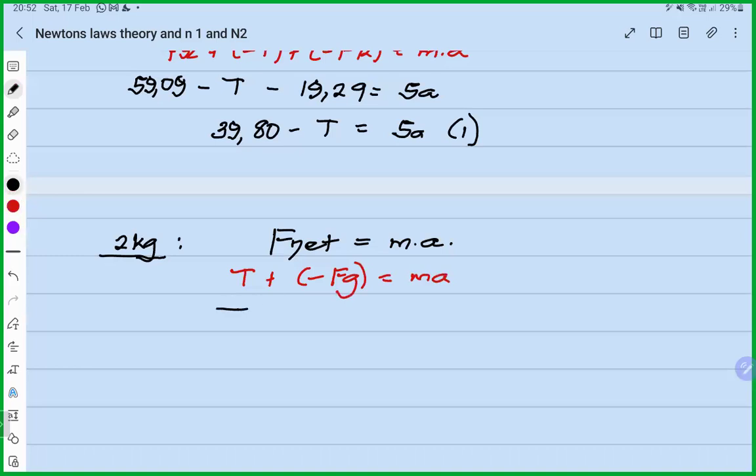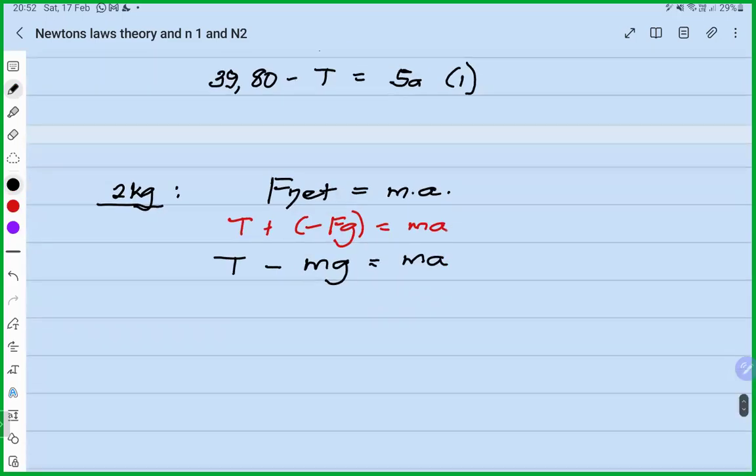We want to find the T. That's going to be mg for your gravitation and MA for the right-hand side, which will be 2 times 9.8 equals 2A. That will be T minus 19.6 equals 2A.